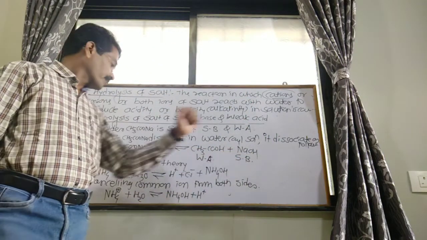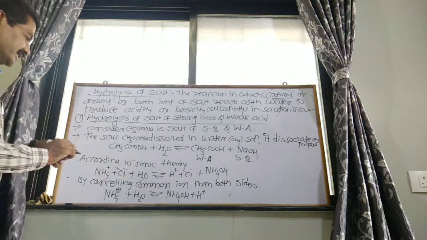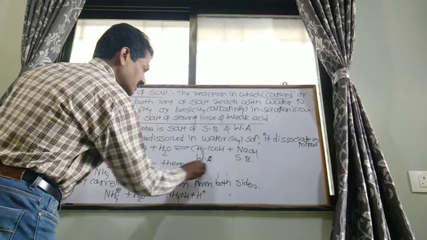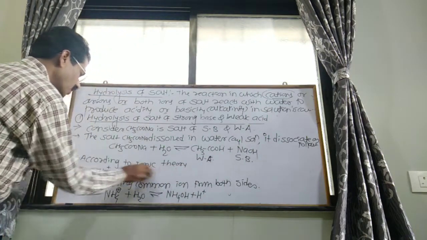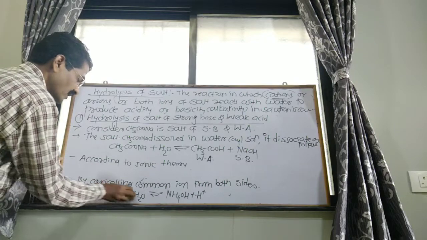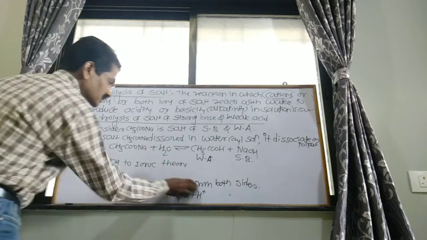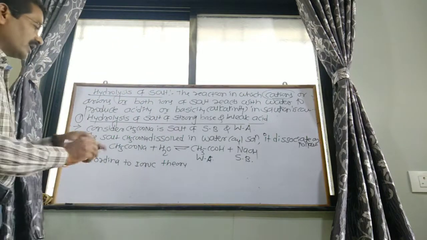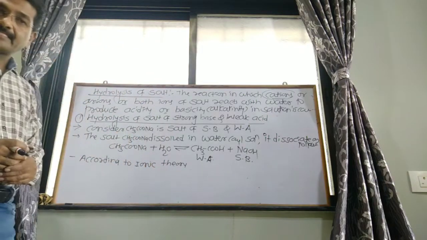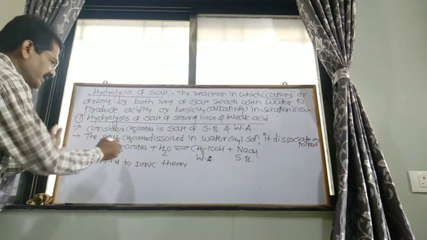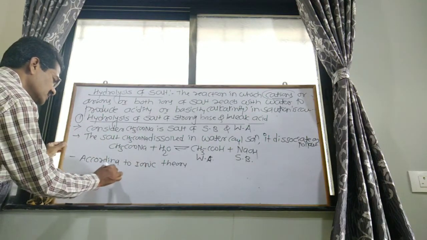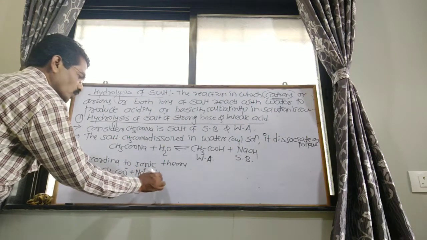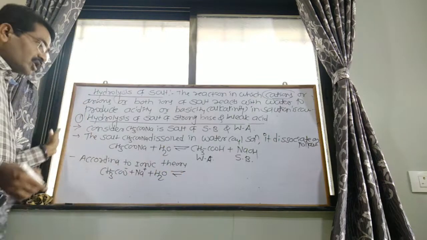According to ionic theory, the salt gives ions CH3COO minus plus Na plus, plus H2O on the right side.